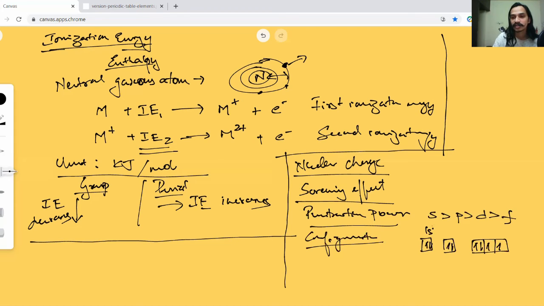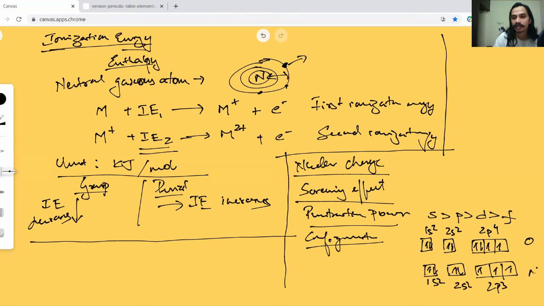So oxygen is 1s2, 2s2, 2p4. But if I look at nitrogen, nitrogen is 7, so it is 1s2, 2s2, 2p3.